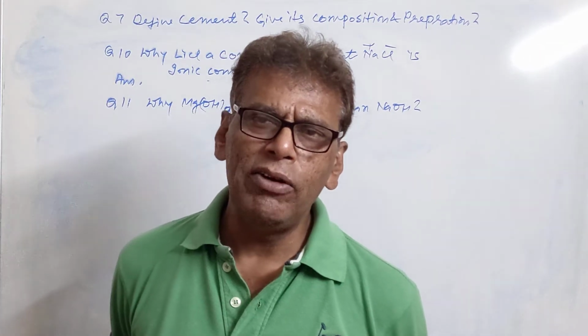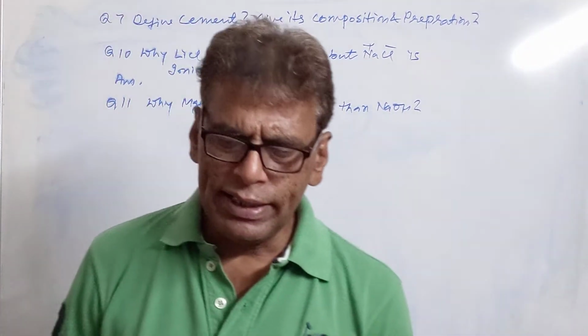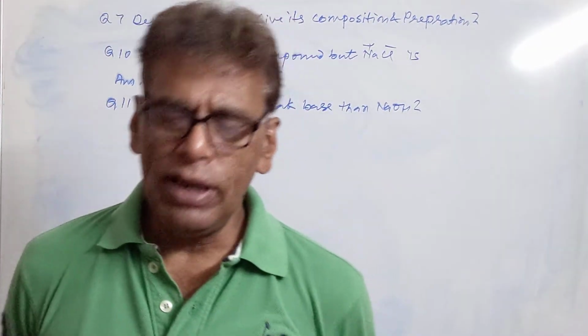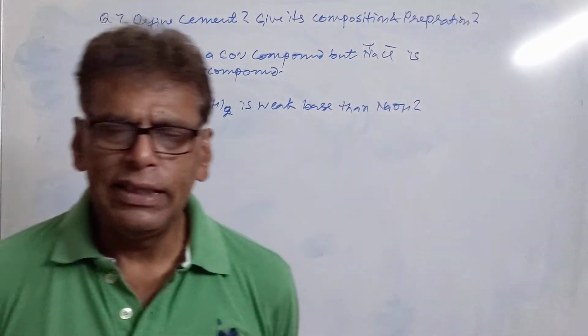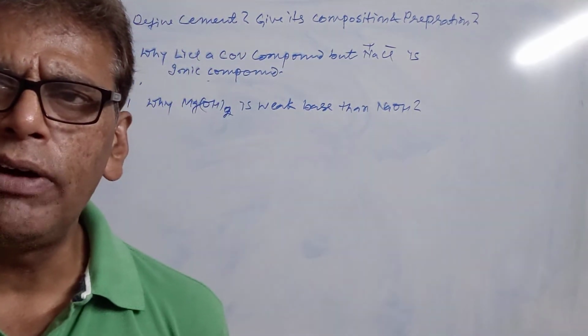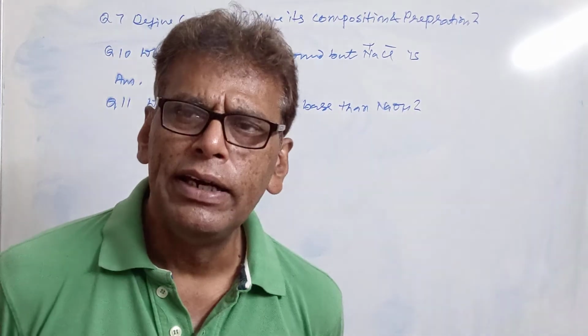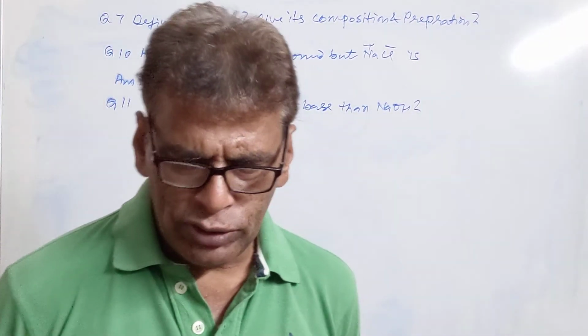So OH ionization is less probable in Mg(OH)2, but it is more probable in case of NaOH due to the large size of sodium. Therefore, NaOH can easily produce OH ion in the aqueous medium as compared to Mg(OH)2. That's why we say that magnesium hydroxide is a weaker base as compared to sodium hydroxide.